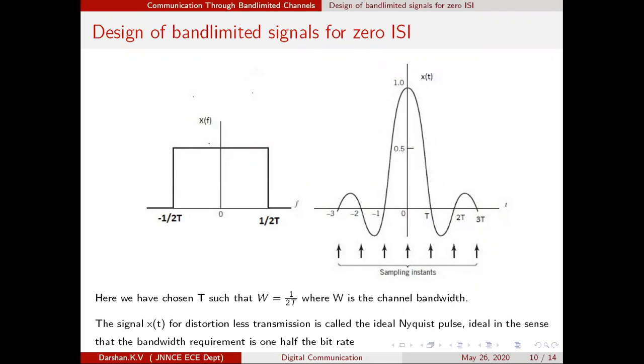Practically, you don't have any source that is going to generate a signal having the frequency response shown here. You cannot generate this type of frequency response practically. There is no component available practically so that you can have this type of response. Therefore, it is called ideal, non-practical.